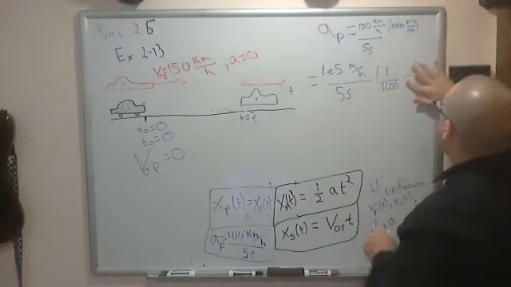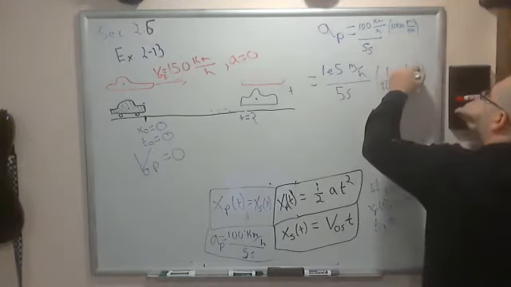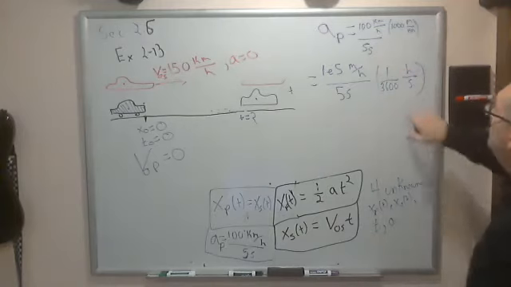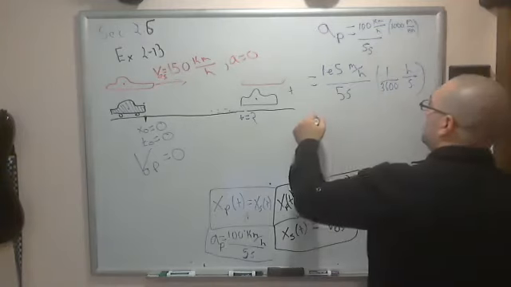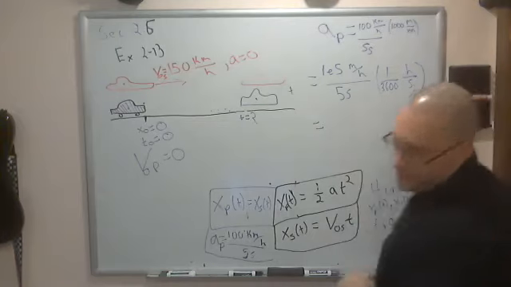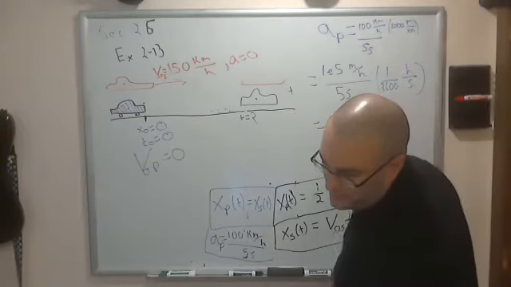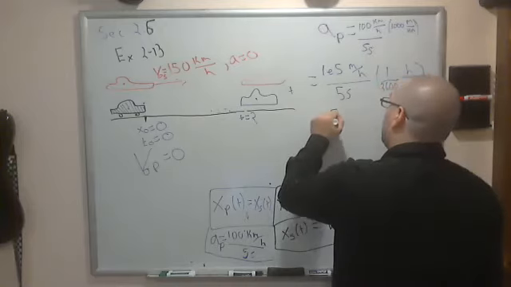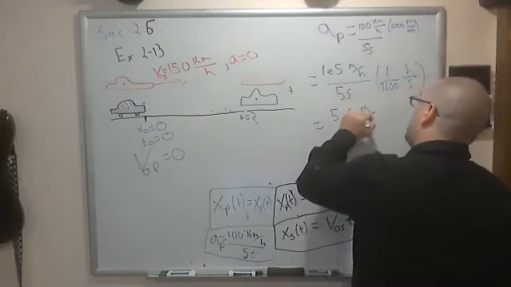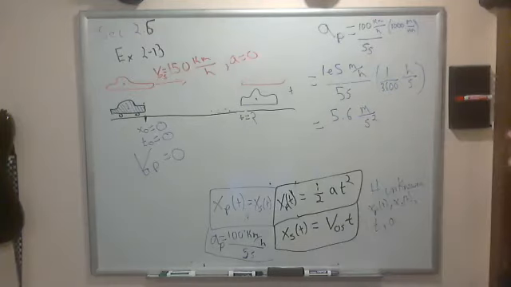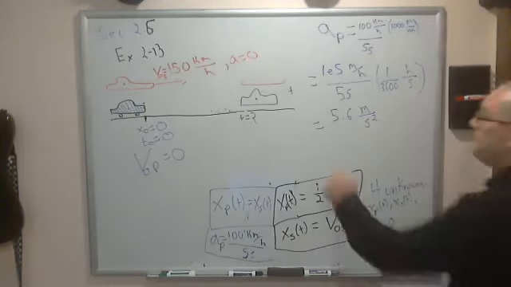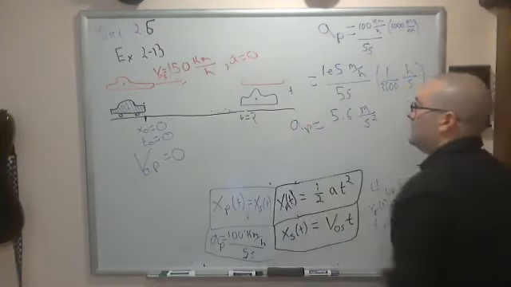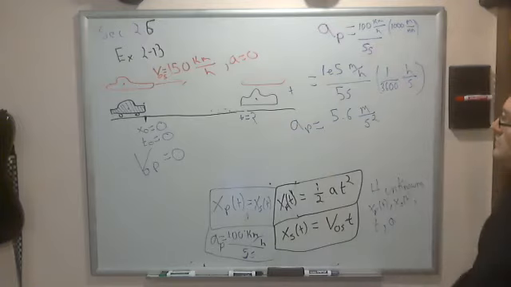No, it's hours. All right. And then when we divide by 5, we end up with meters per second. So this is the acceleration of the car in seconds.